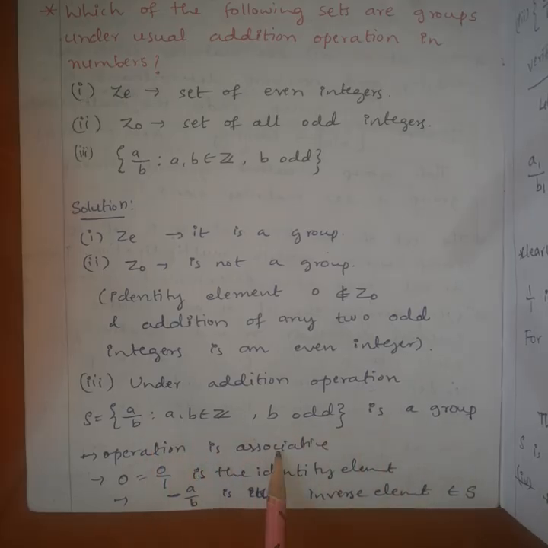Why? The operation is associative, clearly it is closed, and the identity element 0, equal to 0 by 1, is the identity element, and minus a by b is the inverse element. Since b is odd, minus b is also odd. So all the properties are satisfied by this set, hence it is a group under addition.